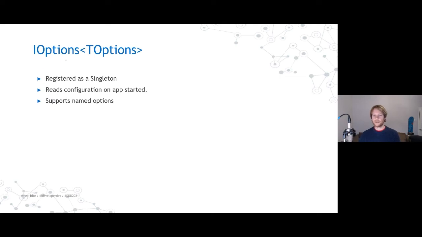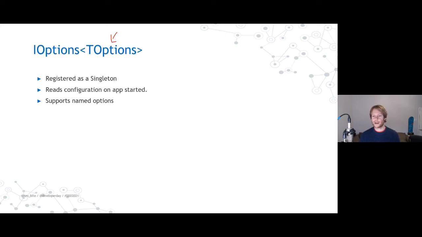So, IOptions of TOptions. This is your own type of configuration that you want to bind to. It's registered as a singleton, and it reads the configuration at app startup, and then uses that configuration for the rest of the lifetime of the application. So if you've got a configuration provider which can reload configuration on change, and you use an IOptions of your TOptions, you won't get that change. If someone changes the JSON file, the configuration is not going to change.